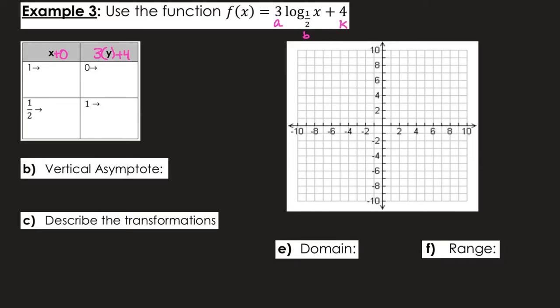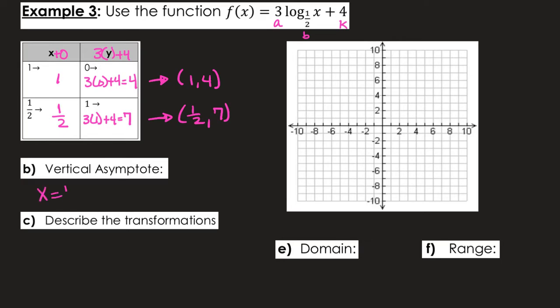So 1 will just stay as 1, and 1/2 will stay as 1/2. 0 times 3 plus 4 equals 4. 1 times 3 plus 4 equals 7. So our reference points that we're using are 1 comma 4 and 1/2 comma 7.